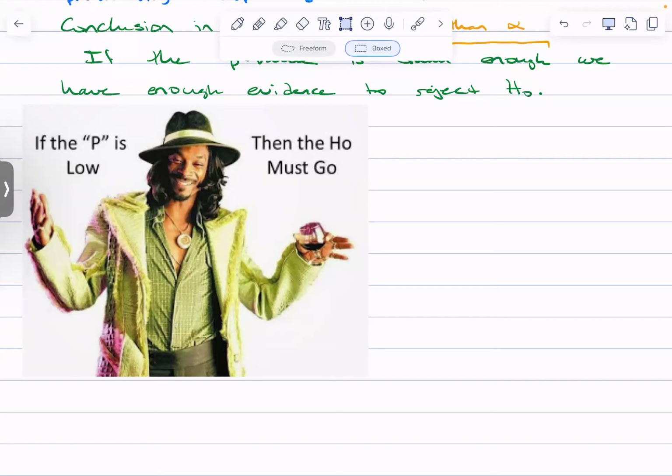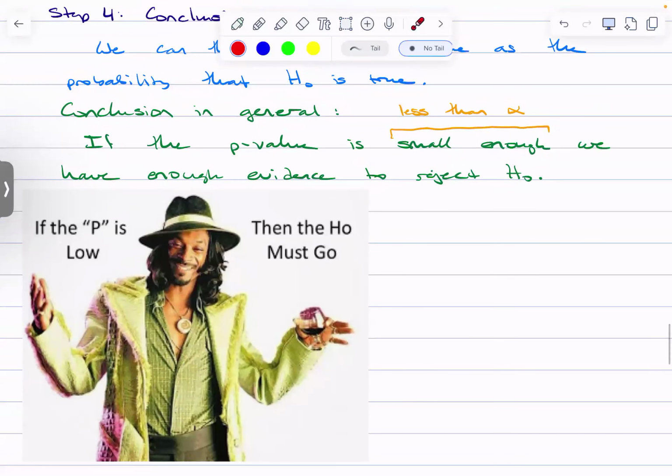So if the P is low, then the null hypothesis must go. What he's actually saying is if the p-value is small enough, less than the alpha level, then we have enough evidence to reject H naught. But this is catchier, I think. But that is what it's saying.